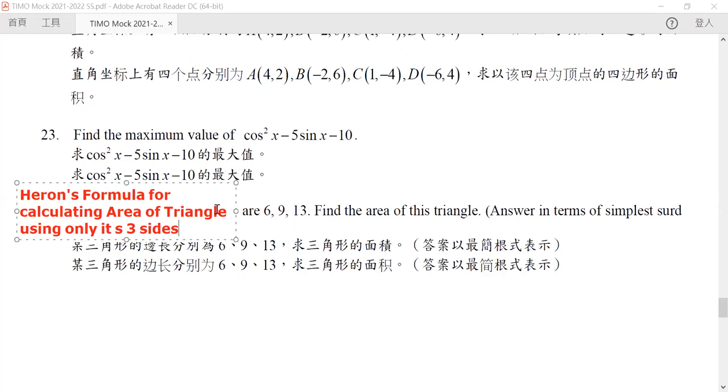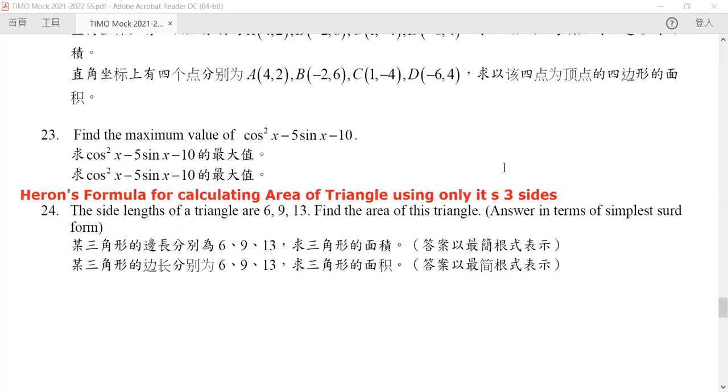No angle, no height, only the values of the 3 sides. And then you can calculate the area of the triangle.